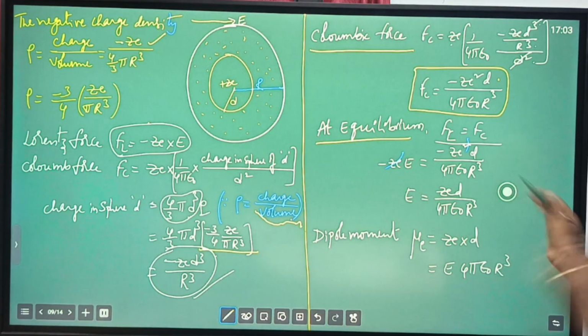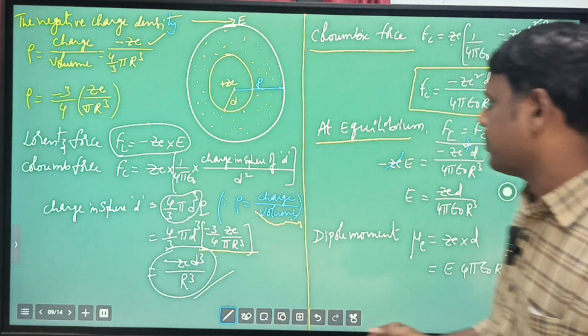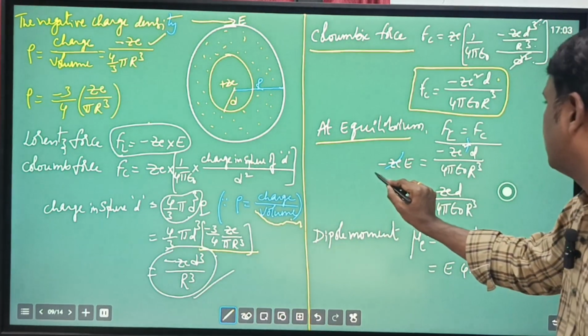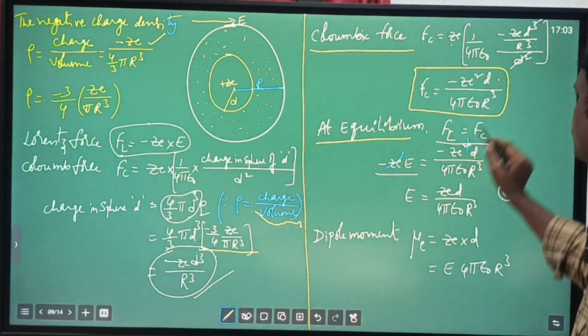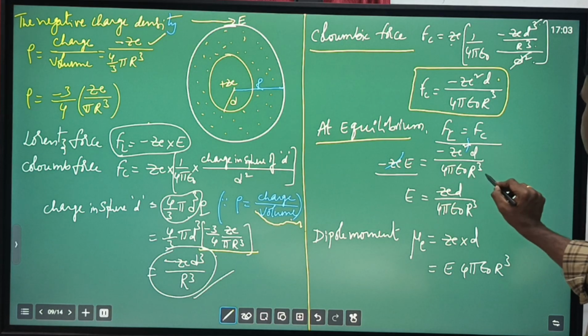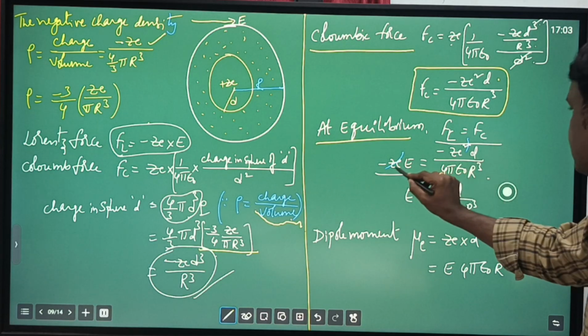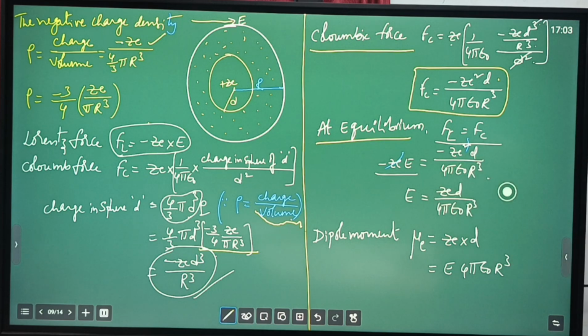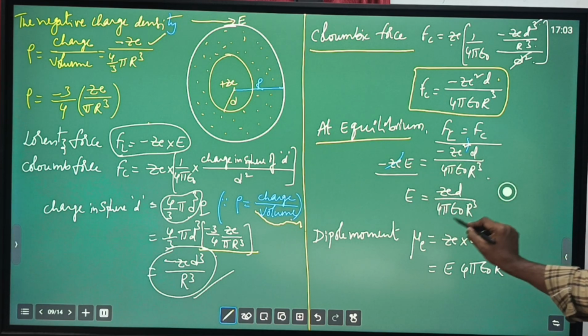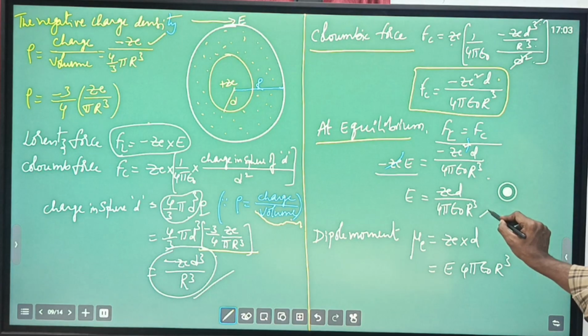So equating these two values, minus Ze into E is equal to minus Z square e square d by 4 pi epsilon naught r cube. Ze cancels out. Finally E is equal to Ze into d by 4 pi epsilon naught r cube.